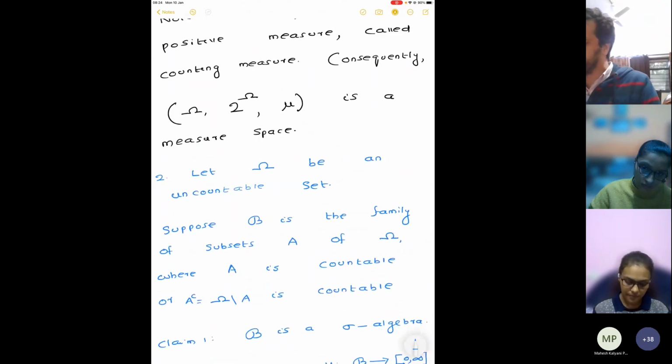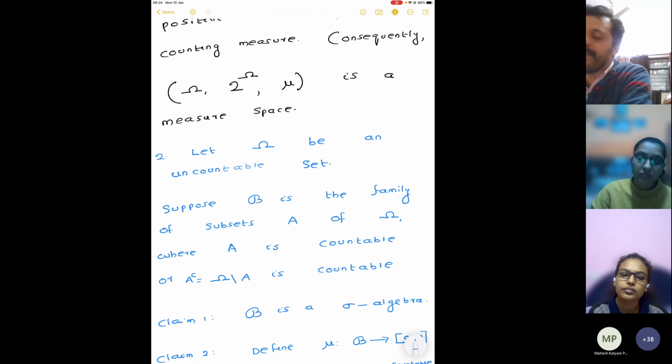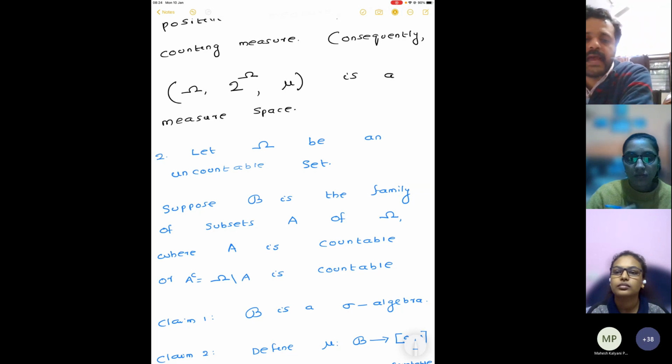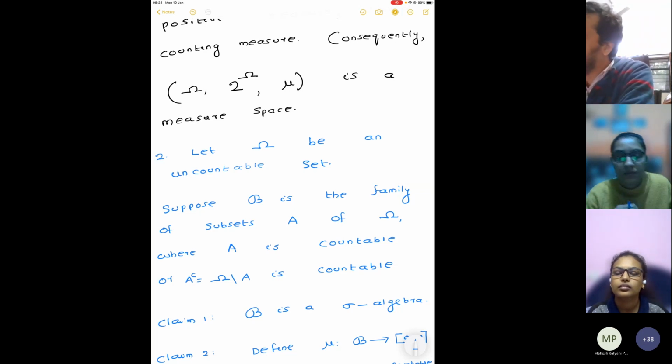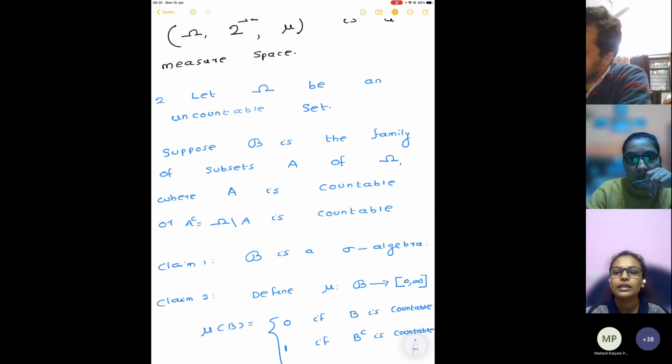But before that, let me ask one thing. Here you have put a condition on the underlying set. Omega is an uncountable set. Why that condition? What happens if it is not uncountable? Let us say it is countable, finite or denumerable. What happens? Then B equals the power set of omega.